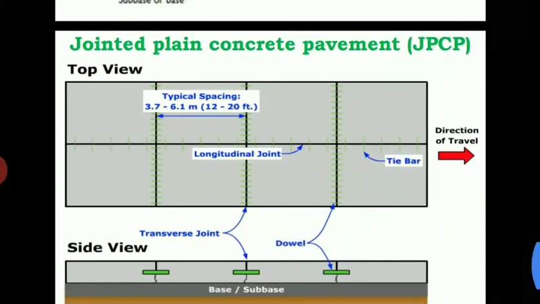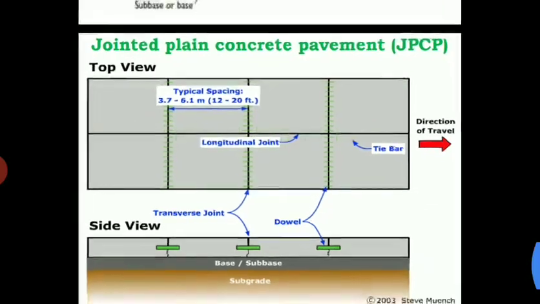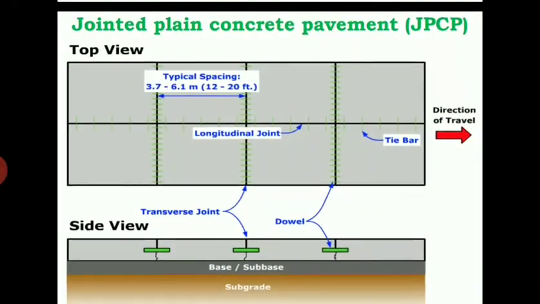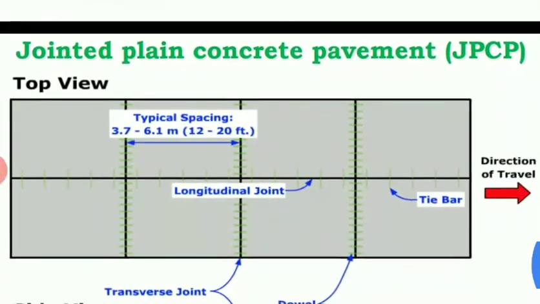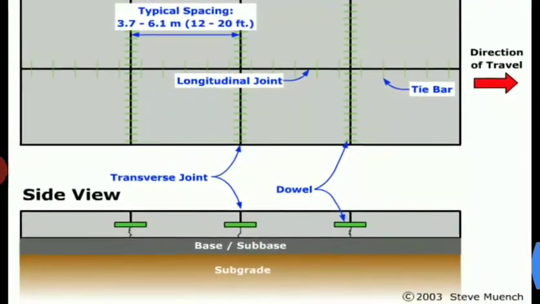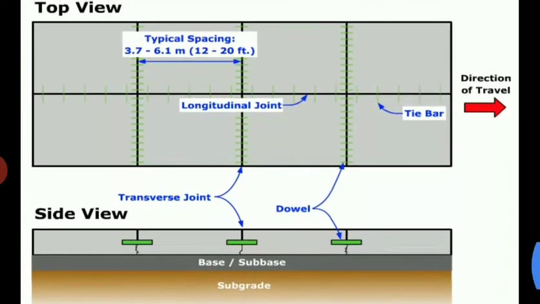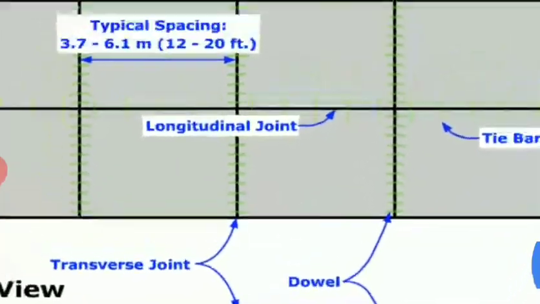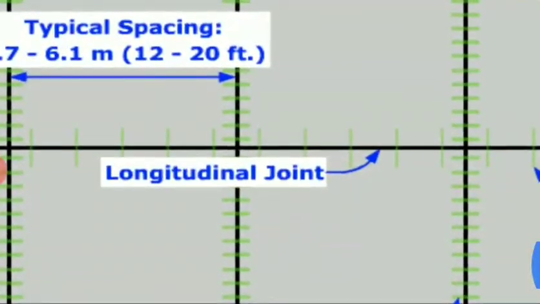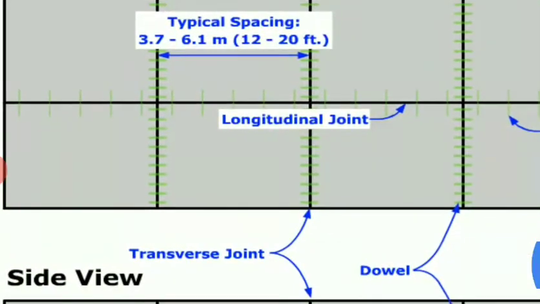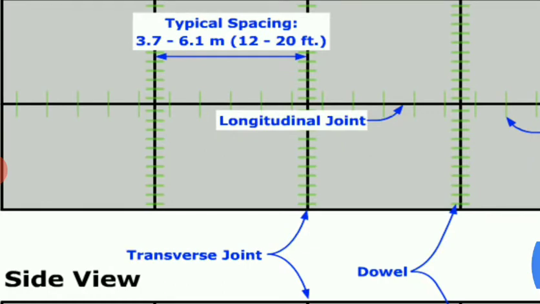Here you can easily see this in this schematic representation. The first figure shows the top view, whereas this is the side view, so we can see how exactly it has been formed within those sections. Here you can see the longitudinal joints, they are along the lengthwise direction of the roads, whereas the transverse joints are the horizontal members.